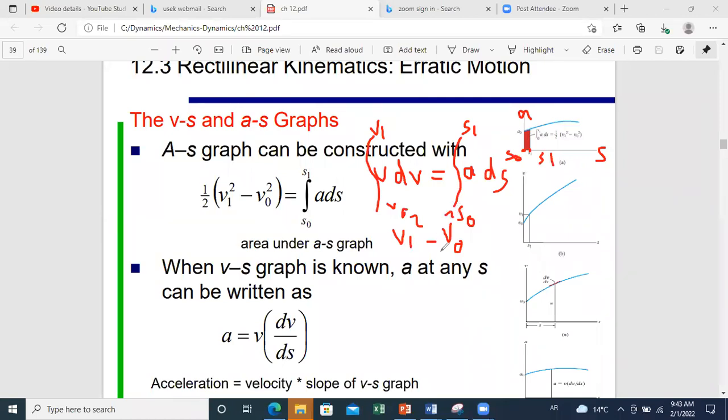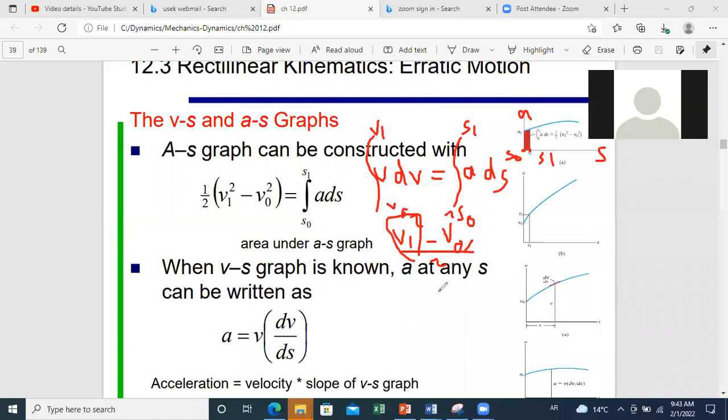Now, also here I need a boundary condition. If they give me for S equal S0, what is V0? I can deduce then the value of V1 squared. So I can plot V1 squared as a function of S. And if I know the sign of velocity, if it's positive or negative, I can draw V as a function of S.